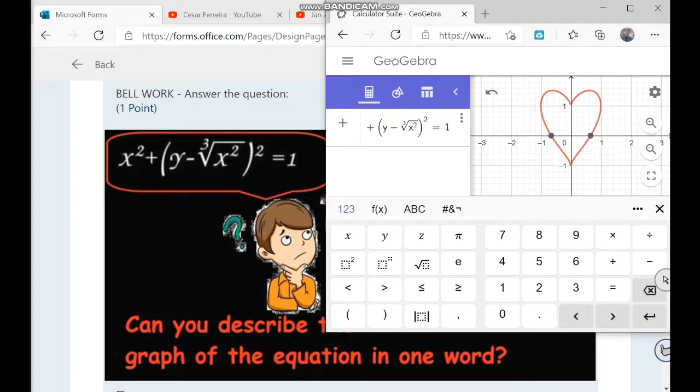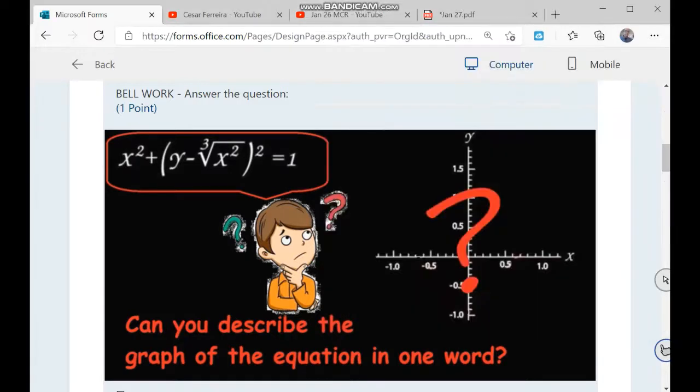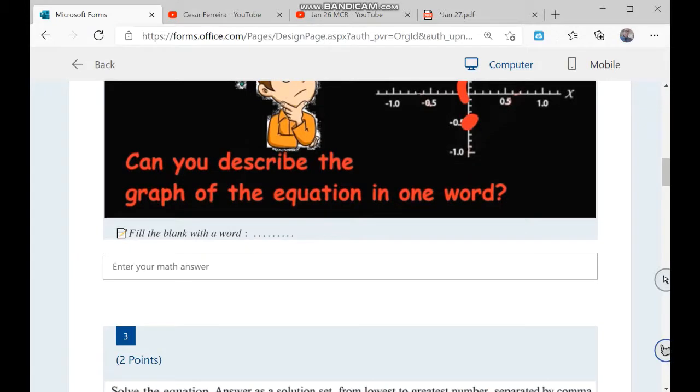So you can write down, it's a heart. And some people, when they see this shape, the first word that comes to mind is love. Yes, you can write heart, you can write love. Both are the right answer. So here on the blank, you're going to write love, or you can write heart.